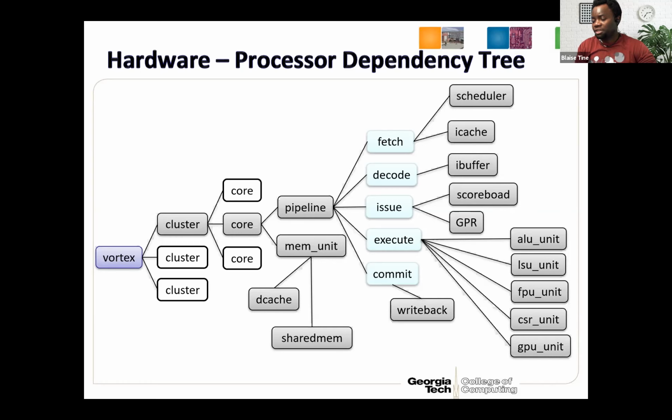In the execute stage, we have the execute unit, the ALU, the LSU, the FPU, the control status register unit, and the GPU unit. This is where we have the implementation of the ISA extension for those six new instructions.